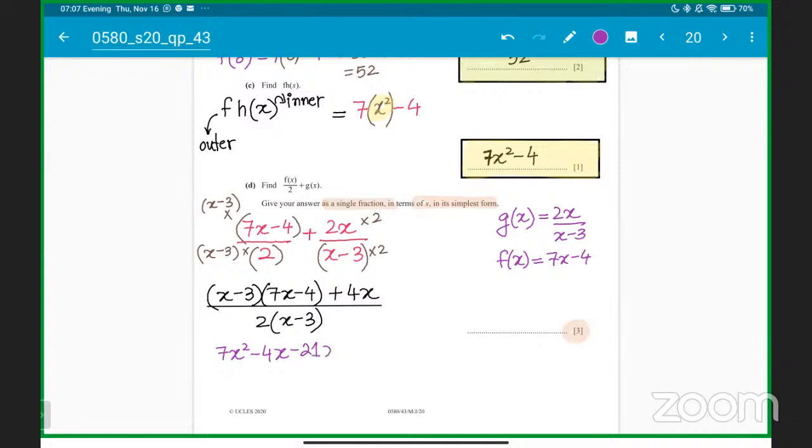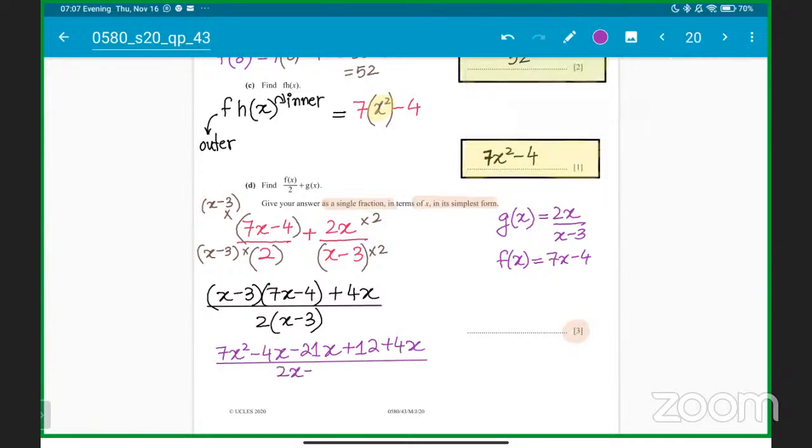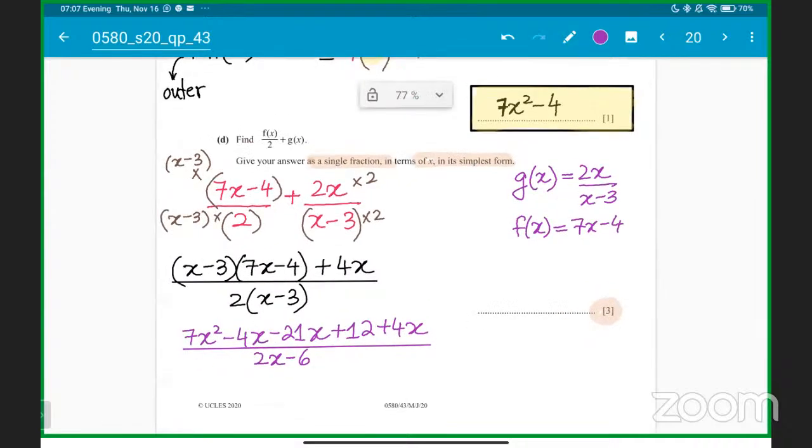Make sure to show as much working as possible. 3 times 7 is 21, 3 times 4 is 12, plus 4x. And you divide that by 2 times (x minus 3), that is 2x minus 6.